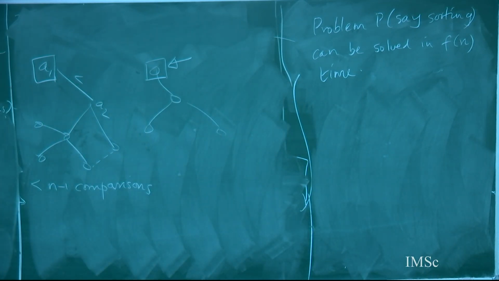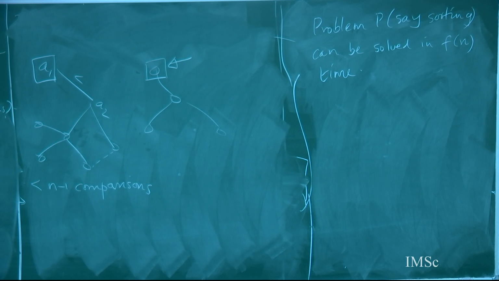Can you say it as a logical statement? You say you can solve sorting in n log n time. What does it mean? You require that many comparisons at least. Not at least, this is an upper bound statement. By n log n sequences of operations that you do, you should be solving the problem.